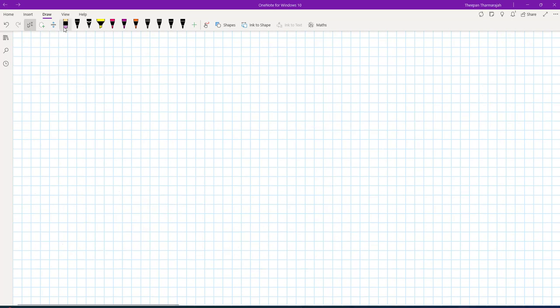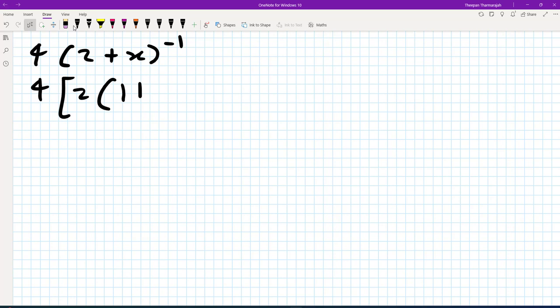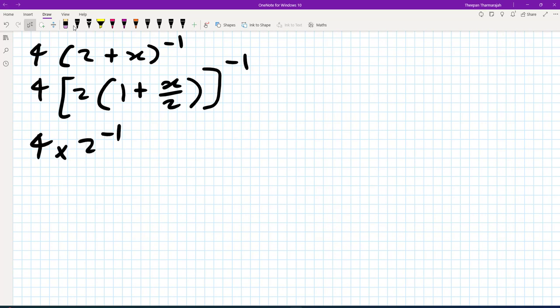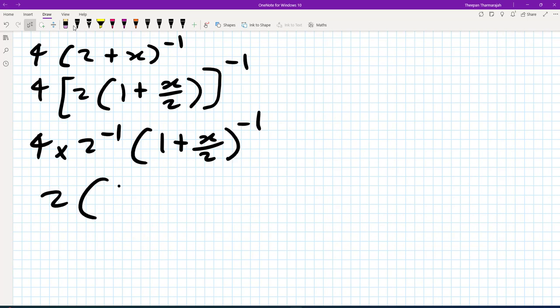Taking the next one, we now have 4 times 2 plus x raised to the power minus 1. We need it to be 1 plus x, so take the 2 out, so we get 1 plus x over 2, and all of that is raised to minus 1. So it's 4 times 2 to the power minus 1 times 1 plus x over 2 raised to the power minus 1. That gives me 2 times 1 plus x over 2 raised to the power minus 1. So we can now use the binomial expansion here.